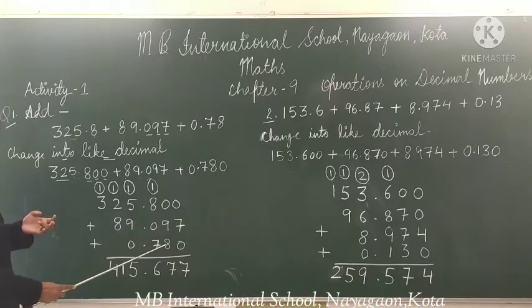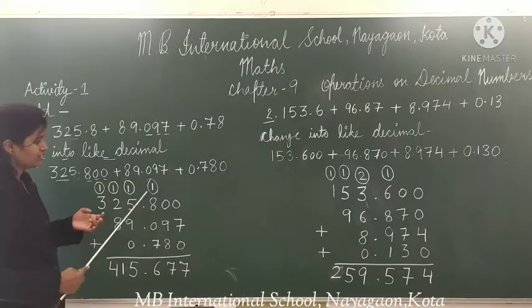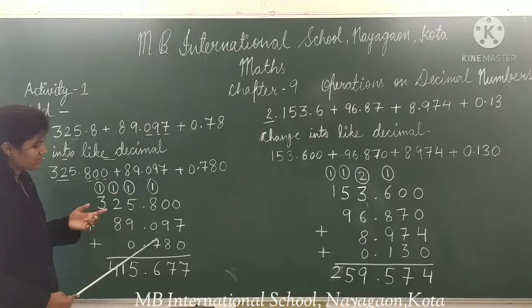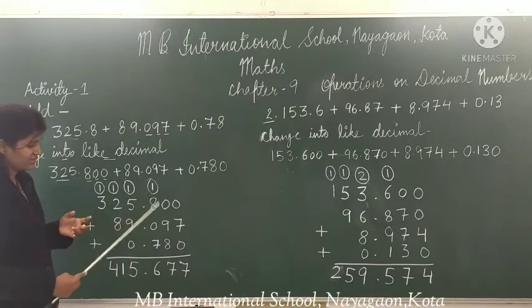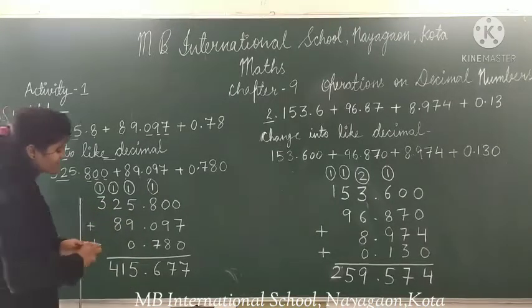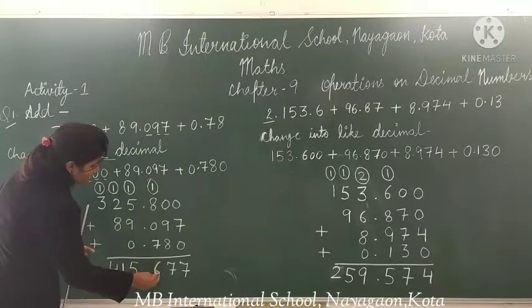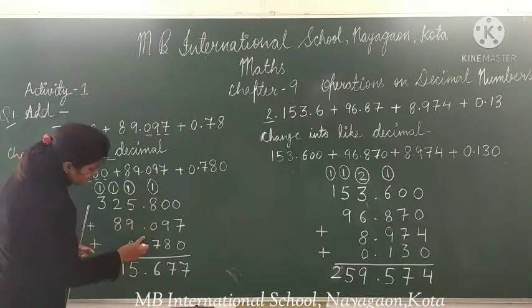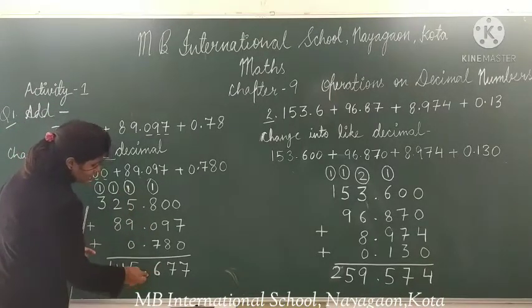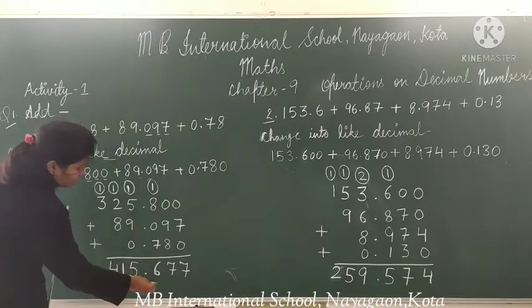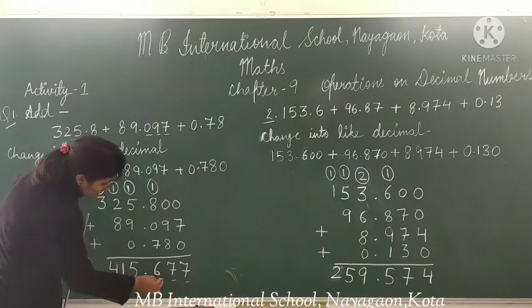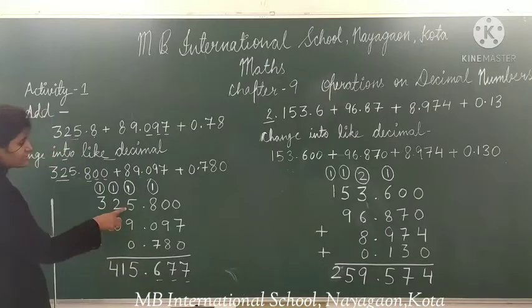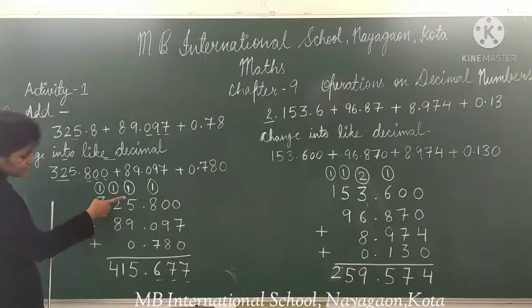9 plus 8, 17. We write 7 here. 1 goes in carry. 8 plus 7, 15 plus 1, 16. We write 6 here and 1 as carry. And put the decimal here. Now we got 3 decimal places, 1, 2 and 3. Now add 9 plus 5, which is 14, 14 plus 1, 15.